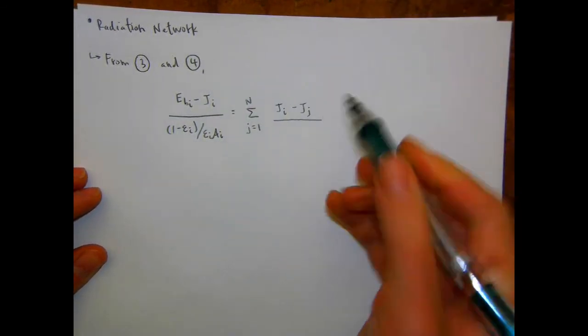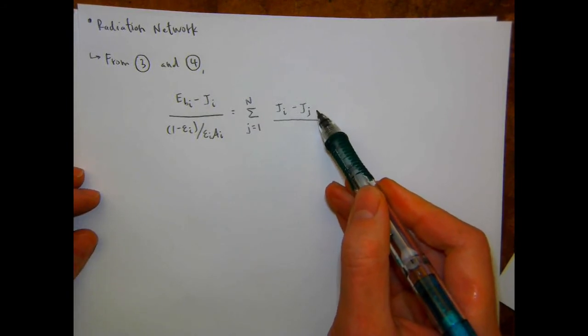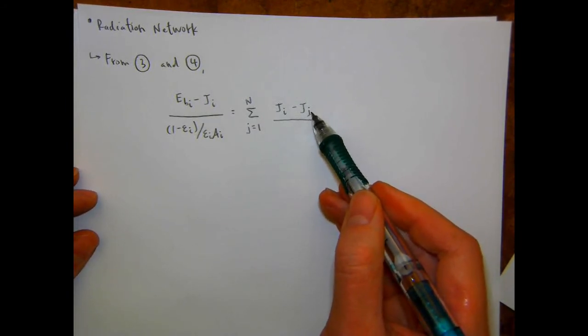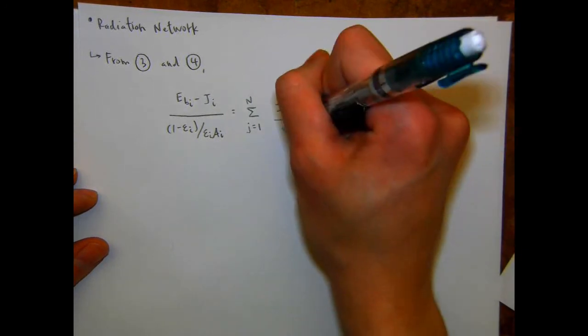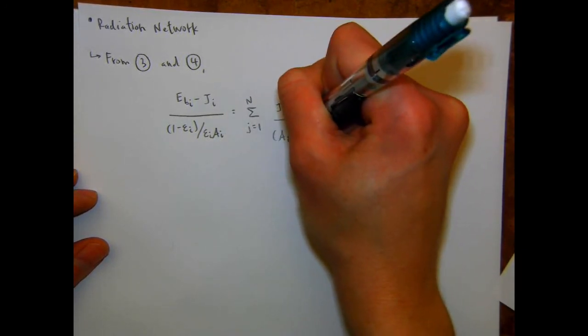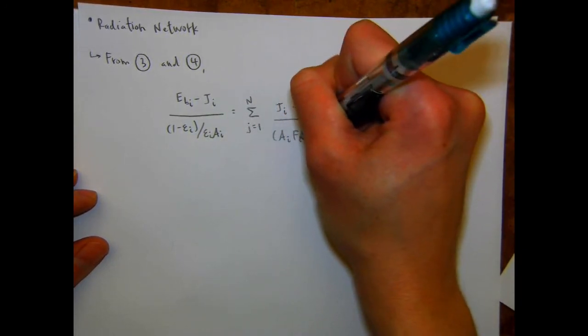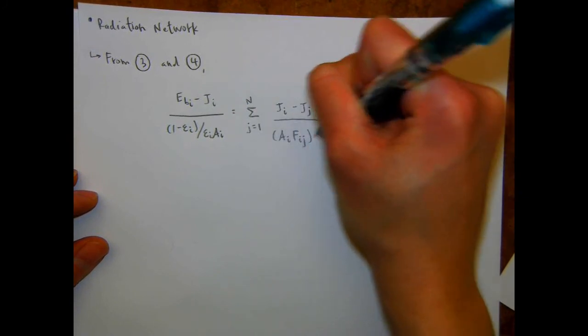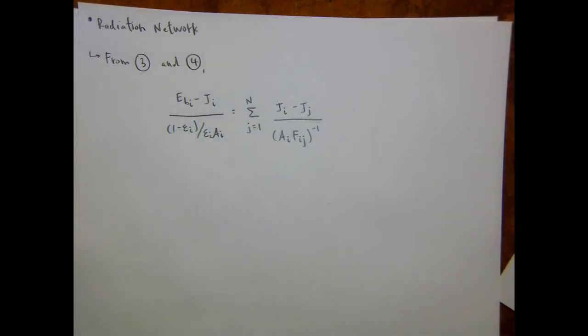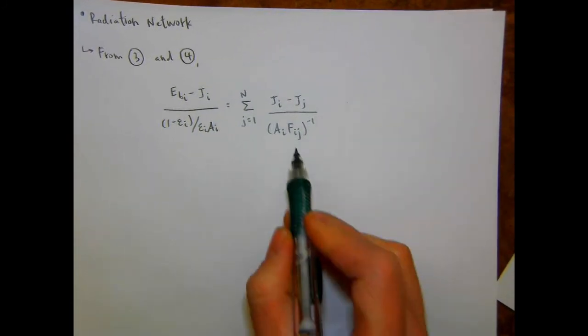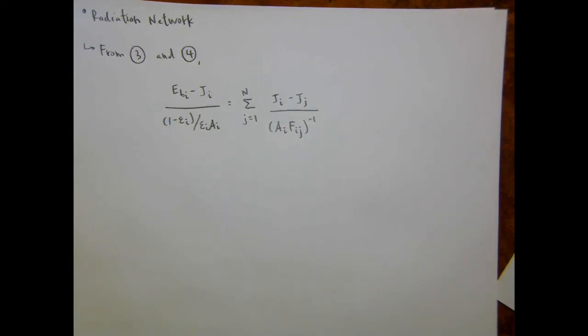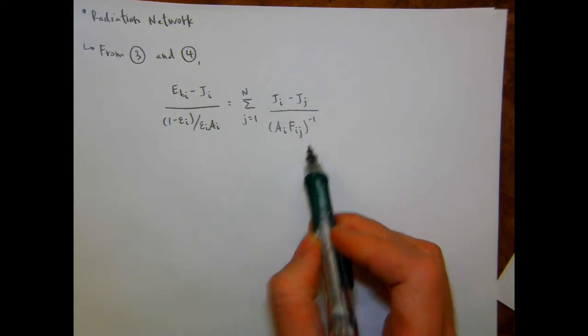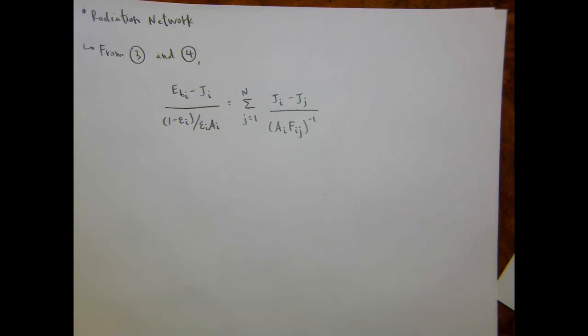So now we have our radiosities in the numerator, the driving potential for the heat transfer, and then in the denominator, the resistance, so the view factor and the area. Again, we just brought these down, raised them to the power of -1.